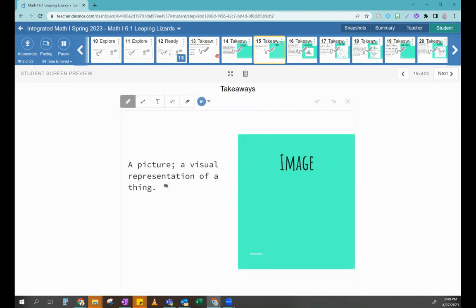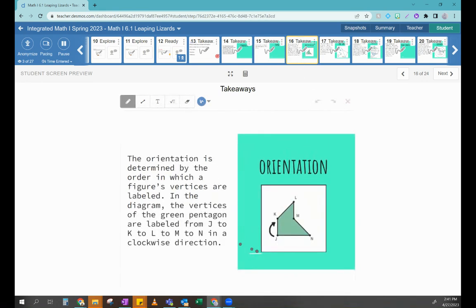So an image is a picture. It's a visual representation of something. That wasn't actually a lizard we were using. That was an image of a lizard. The orientation is determined by the order in which the figure's vertices are labeled. In the diagram, the vertices of the green pentagon are labeled from J to K to L to M to N in a clockwise direction.